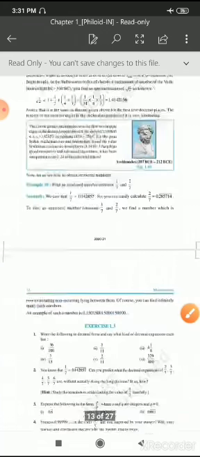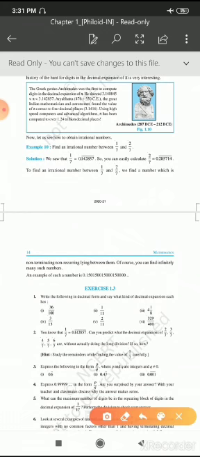To find the irrational number, what will be the decimal expansion? It will be non-terminating and non-recurring. So, first of all, take any decimal number in between these two decimals, between 0.14 and 0.28. If you take 0.15, it lies in between these two decimals. So take 0.15, and after that it should be non-terminating, non-recurring.